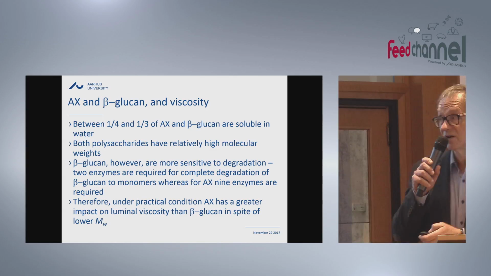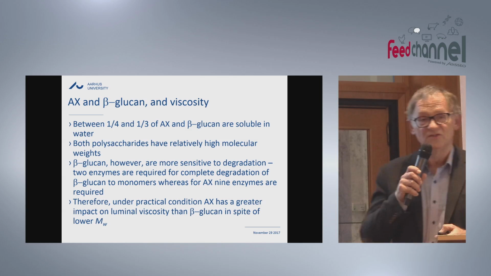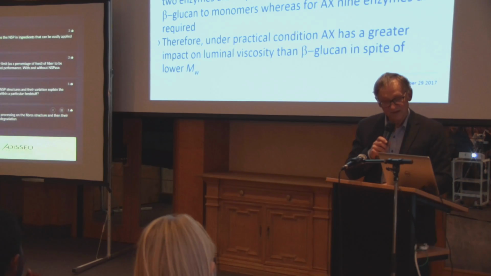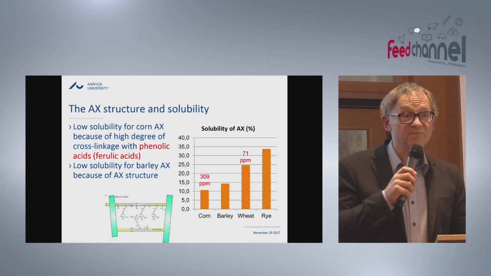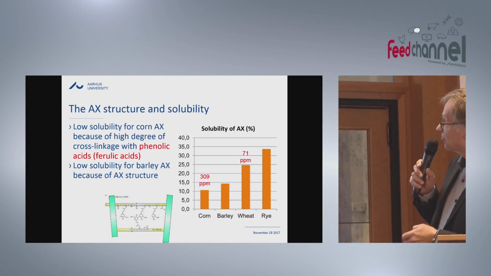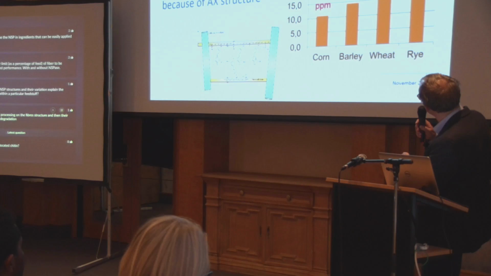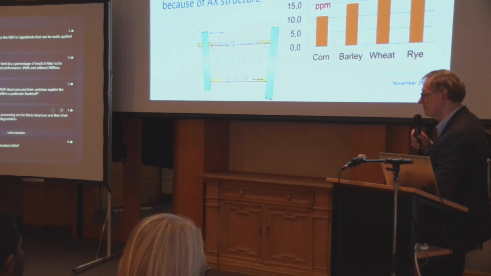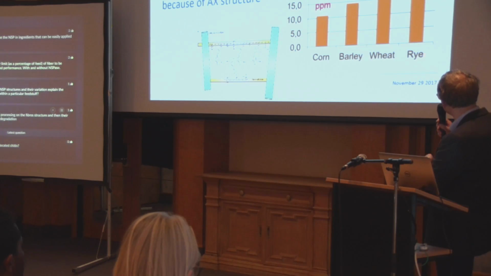So under practical conditions, arabinoxylans in general have a greater impact on the luminal viscosity than the beta-glucans. Another aspect that plays a role is the cross-linkages between arabinoxylans. If you look at the solubility of the arabinoxylans in corn, barley, wheat, and rye, you'll see that it increases from corn to rye.